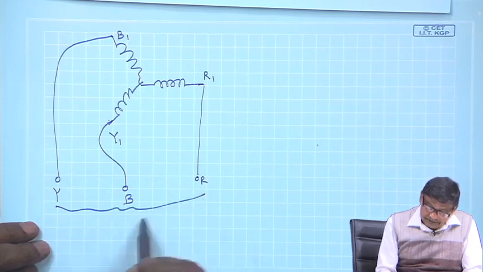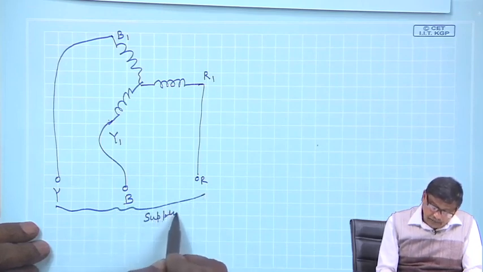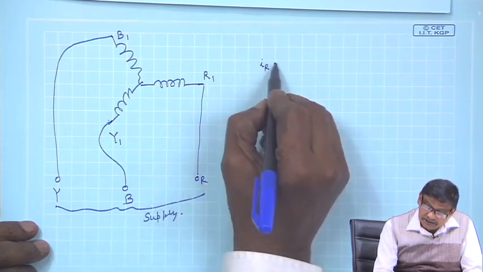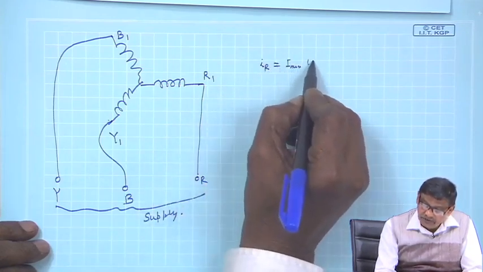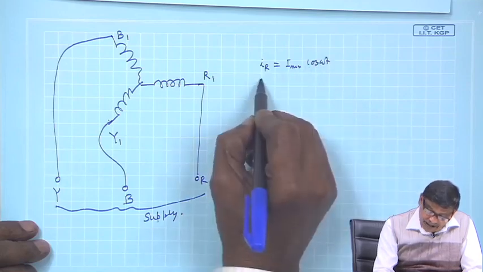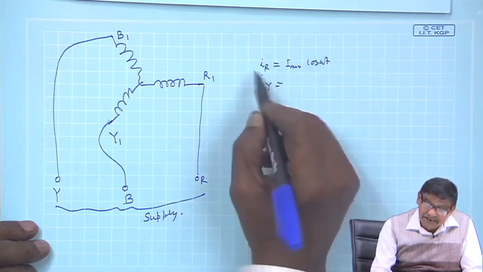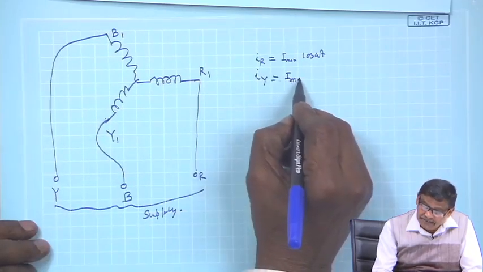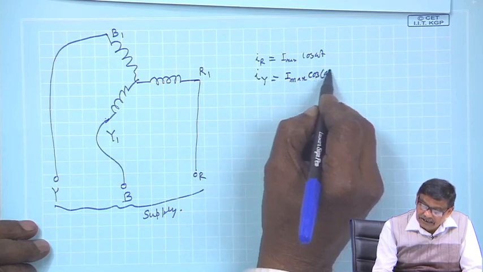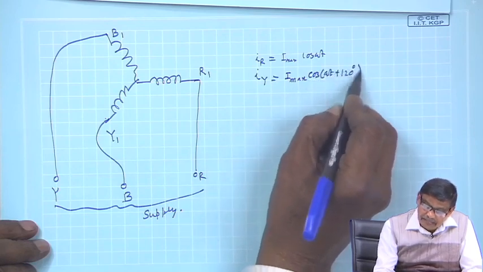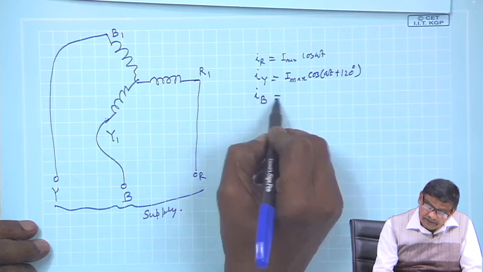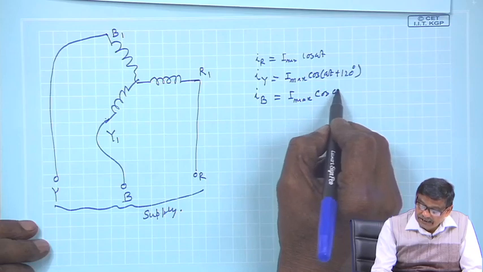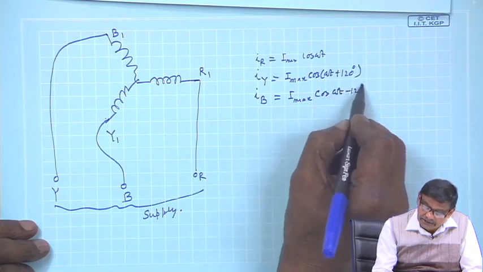These are supply names. Then what happens is this, the IR, if you call it I max cos omega t, I y will be leading, phase sequence is reversed, supply phase sequence. It will be I max cosine omega t plus 120 degree and I b is equal to I max cosine omega t minus 120 degree.